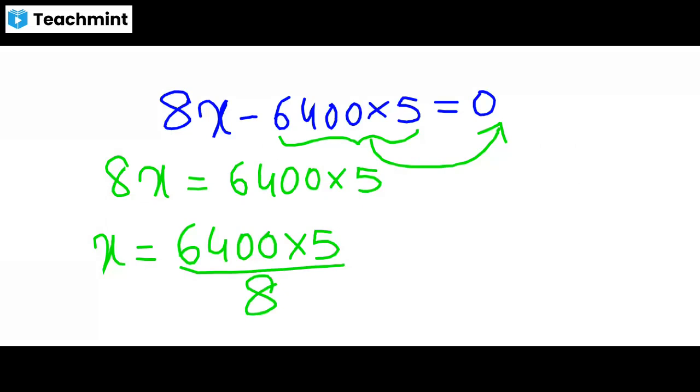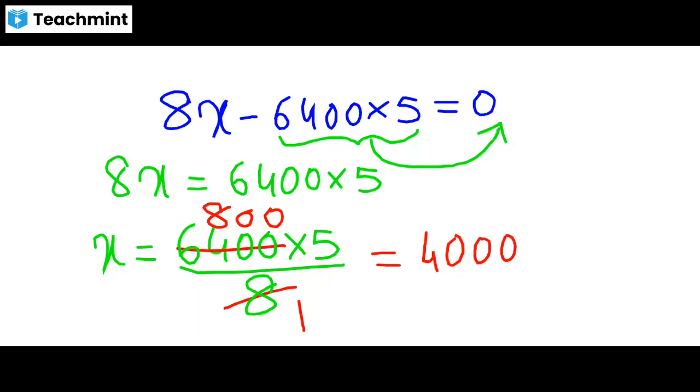We can divide on both sides by 8. And what can you cancel there? 8 ones are 8, 8 eights are 64. Yes, very good. So you get 800 into 5. What is 8 fives? 40. So 4,000.